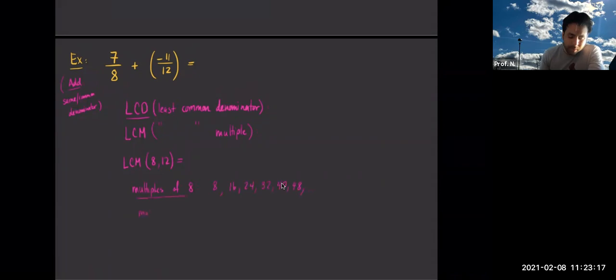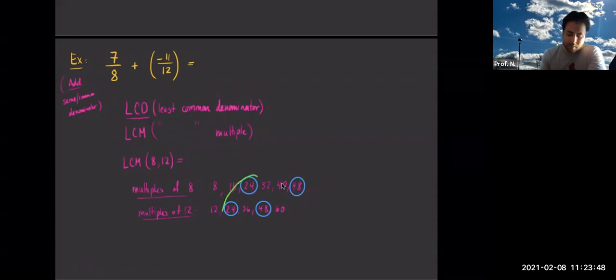What are the multiples of 12? The multiples of 12 are 12, 24, 36, 48, 60, right? And then you start to see, hey, there are common ones. The 24 is common. The 48 is common, and so on and so forth. But you want to know which is the least common, and the least common is 24.